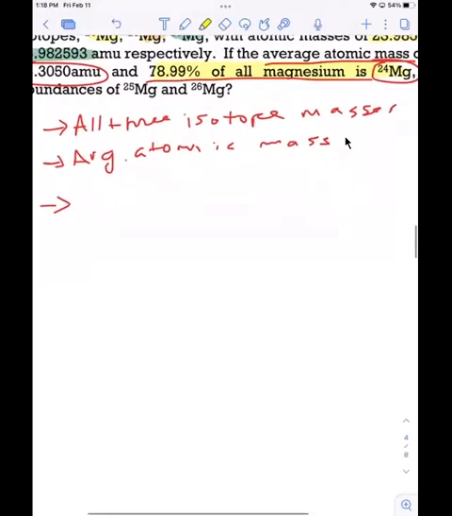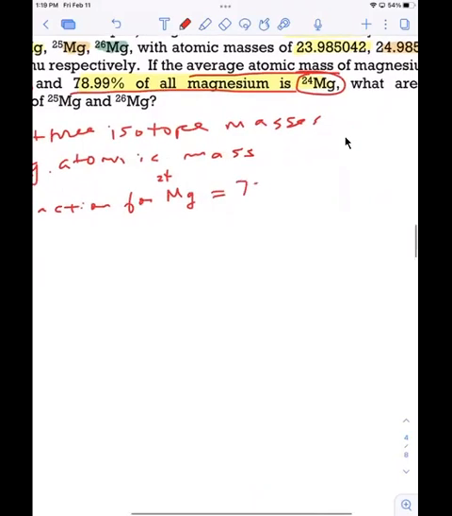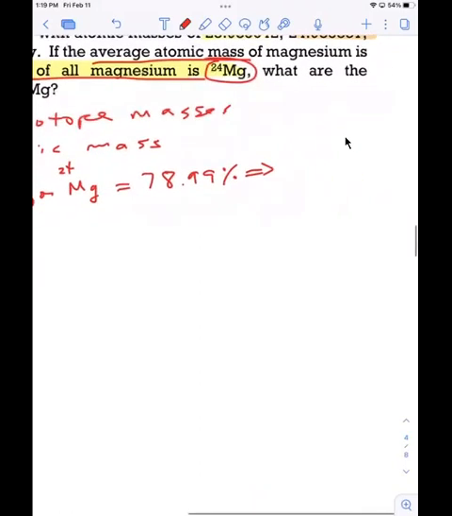So we even have the fraction for magnesium 24, but we can convert that to the fraction by just dividing by 100.